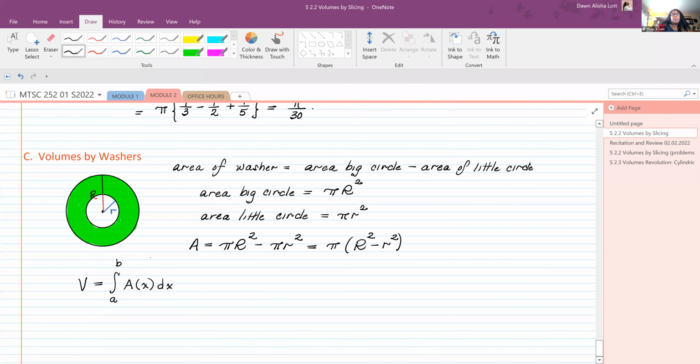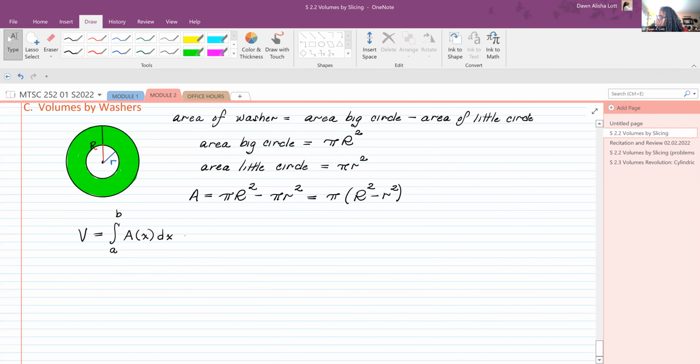But anytime you see a washer, you know that you're going to use the integral from a to b of pi times the big radius of x squared minus the little radius of x squared, dx. And if the washer is laying flat, then you would do the integral dy. Okay, so what might that look like?